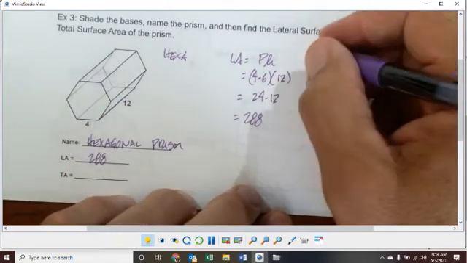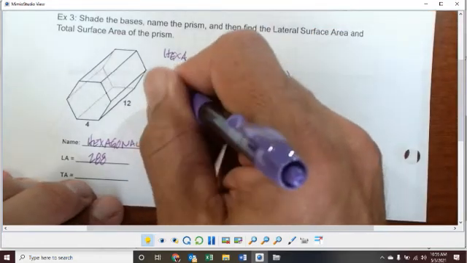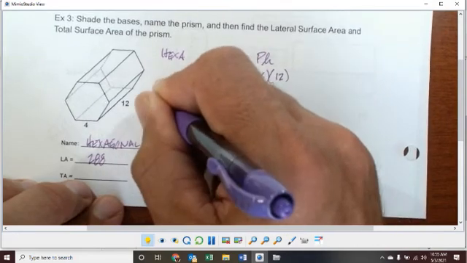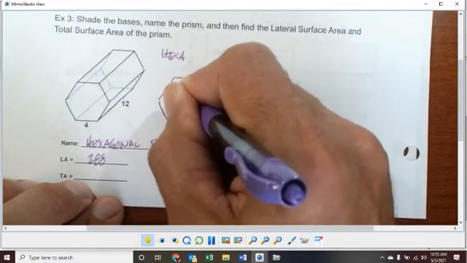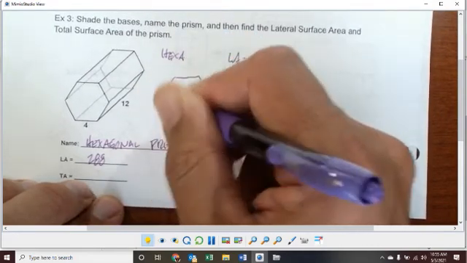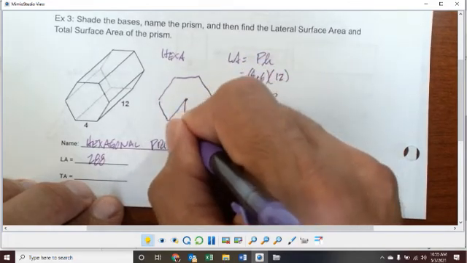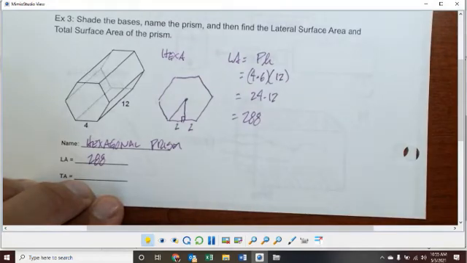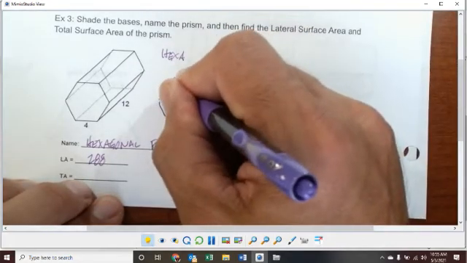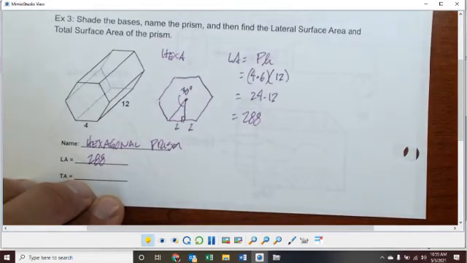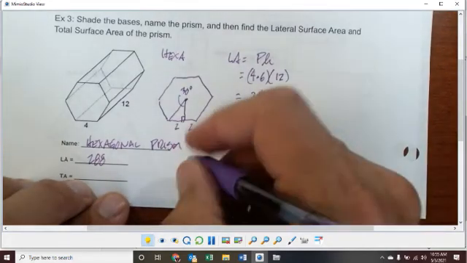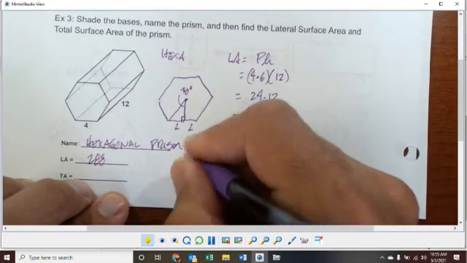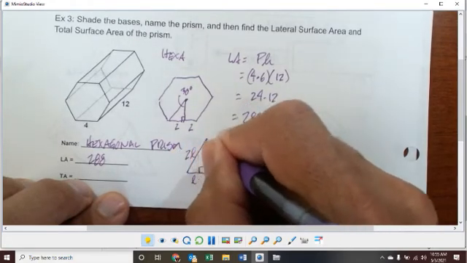All right. For our total area, recall that for the area of a regular polygon, we have to determine what the apothem is. I know in this hexagon, each of those lengths is 2. If I divide it in half, this is always going to be a 30-degree angle. So this triangle is a 30, 60, 90 triangle. Recall that in a 30, 60, 90 triangle, we have L, 2L, and L square root of 3.